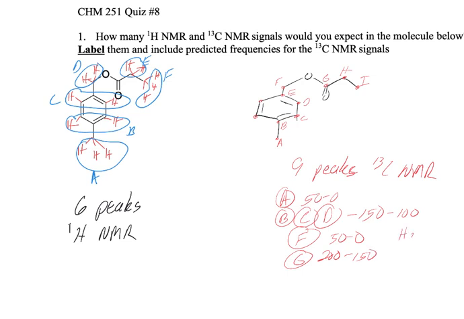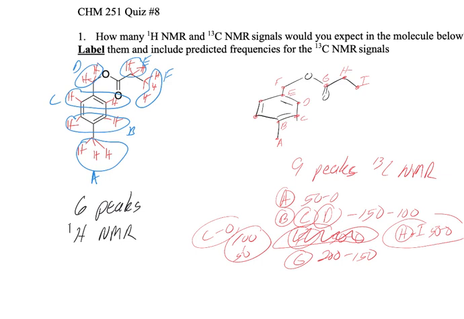H and I are also going to be that 50 to 0 range. So that's all I'm looking for there. Whoops, I screwed this up. F should be 100 to 50. Sorry, because this is the carbon bonded to an oxygen. My bad. That's what F should be.